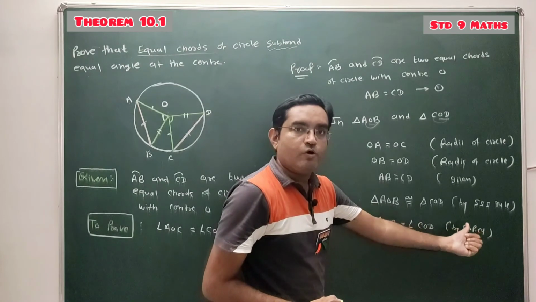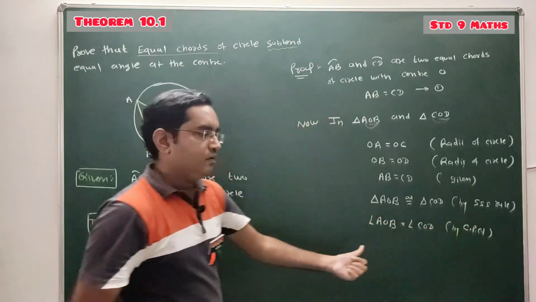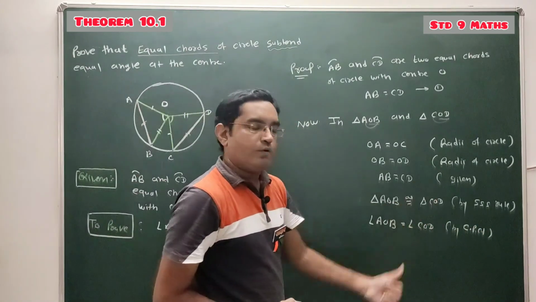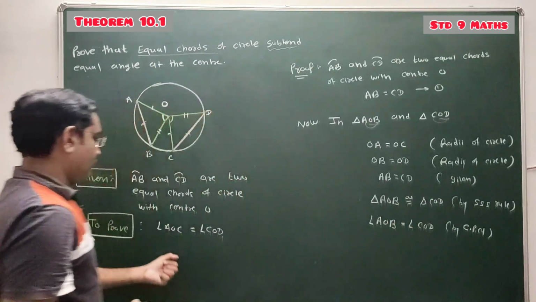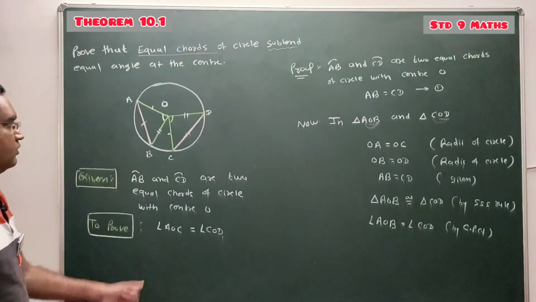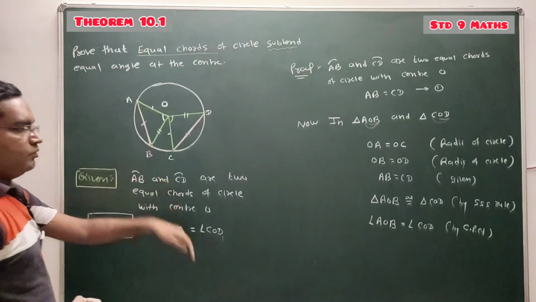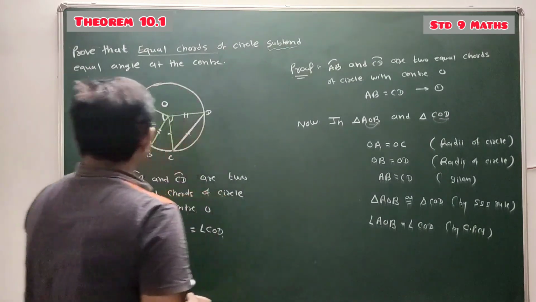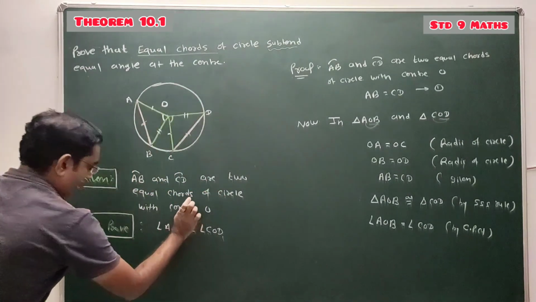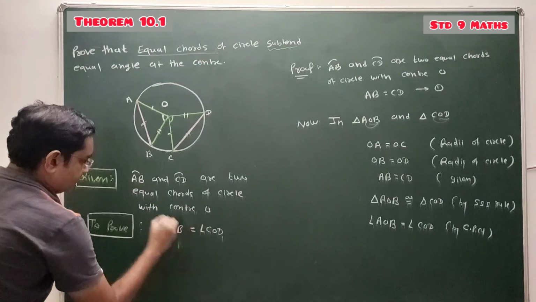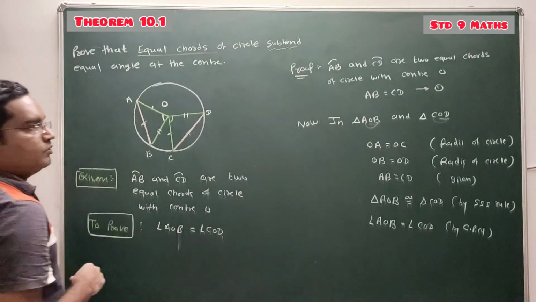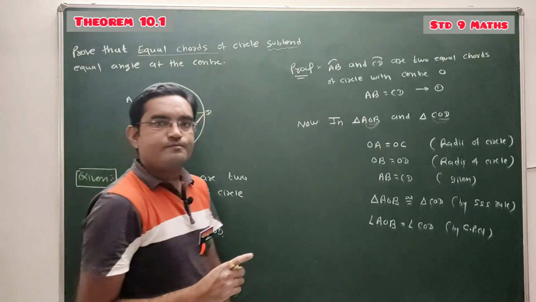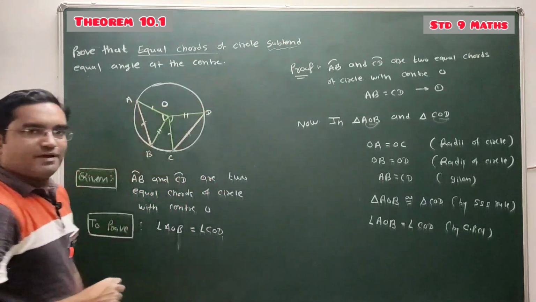Corresponding parts of congruent triangles are equal when two triangles are congruent, and that is what we had to prove. Angle AOB equal to angle COD. Here AOB equal to COD. Clear, students? Pause the video and note it down.